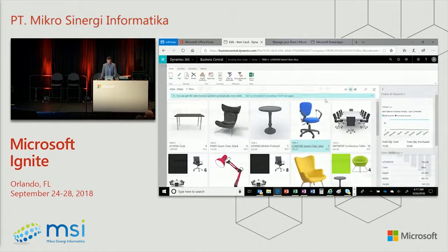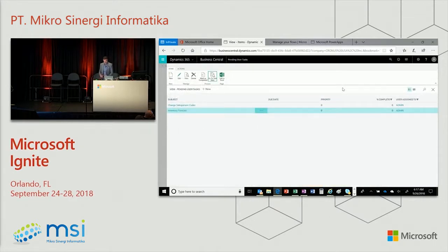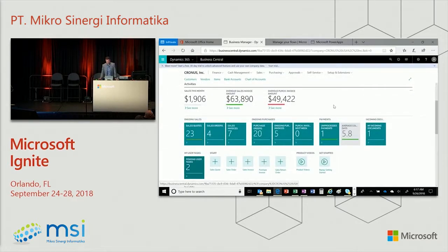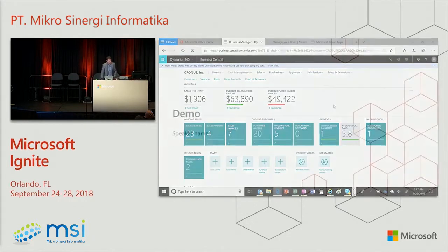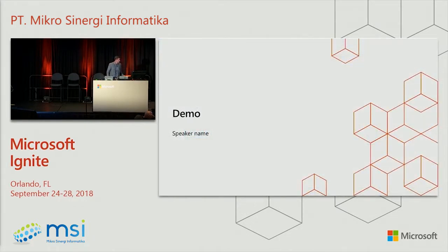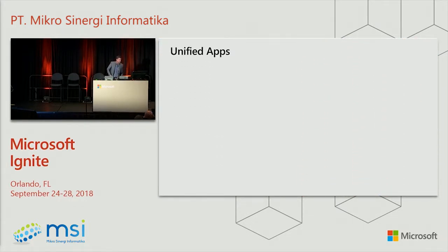All right. So now we're going to talk about the unified aspect of this. How does this all get put together? First, I'm going to show you how you do the Outlook add-in to get that started.